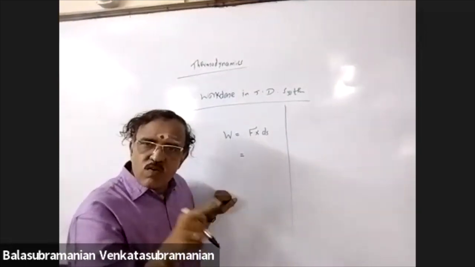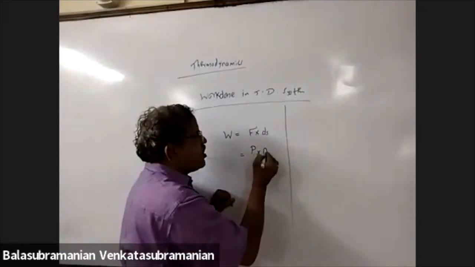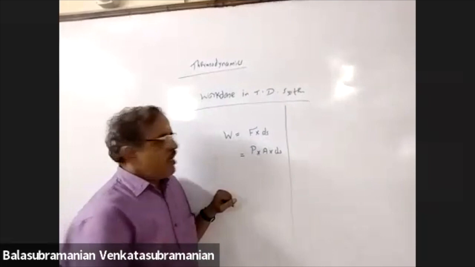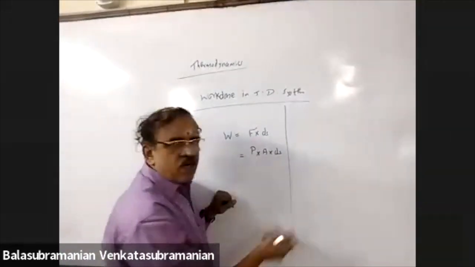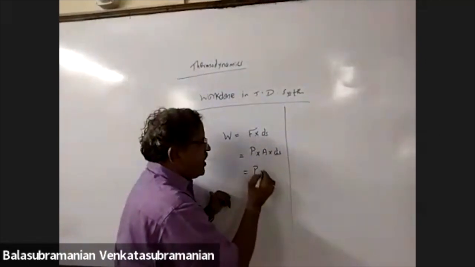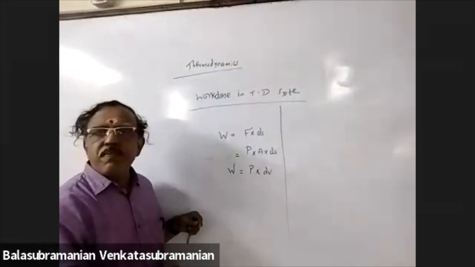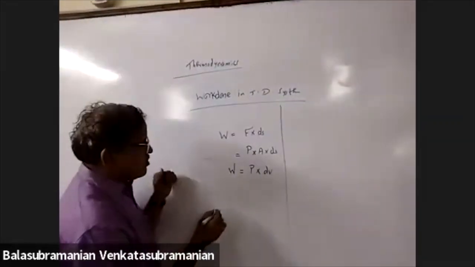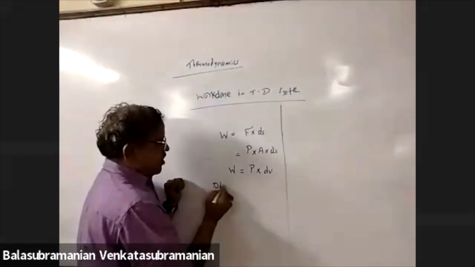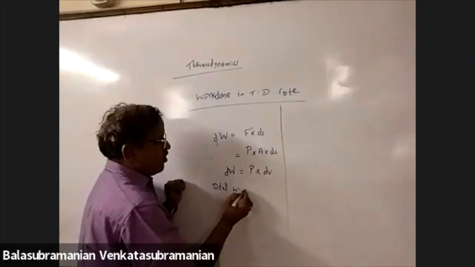So force is equal to pressure into area. So I can write P into A into x. Area into distance is what? Volume. So I can write P into dV. Total work done. dW, which gives total work done.